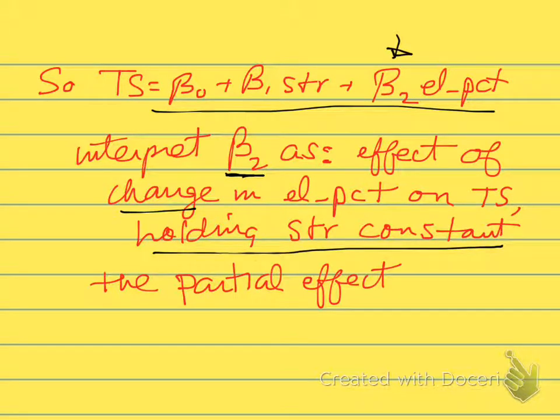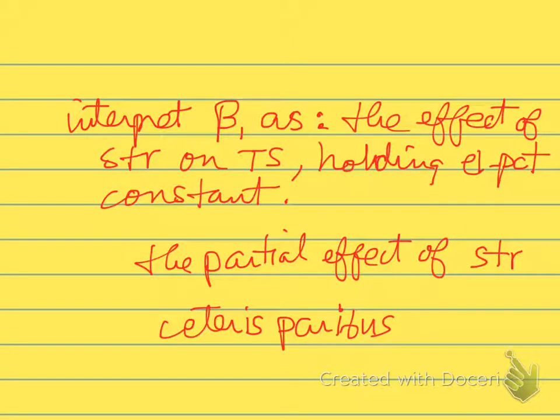So we're always going to say that. At the beginning I'll insist on it, and then later as we go on we can assume that everybody understands that's what we mean, that we're holding the level of the other variable constant when we interpret this coefficient. So we'll interpret it as a partial effect.